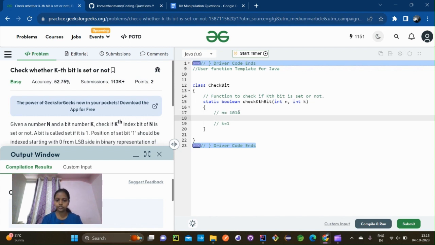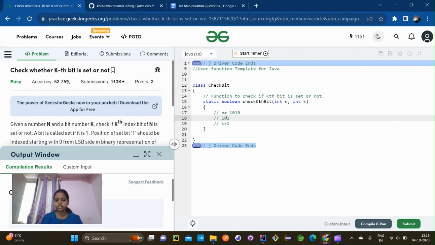Suppose we have this number, and if I shift the number to the right, you'll get the last bit as 1. So if I get the last bit as 1, then we have to check the last bit only, and we know how to check the last bit, right?